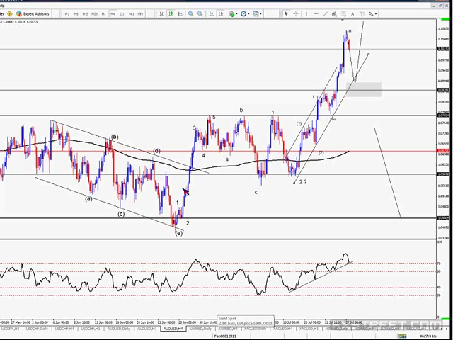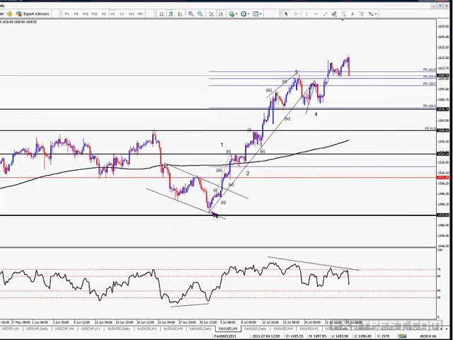Gold. Okay, so let's look at gold. Extended divergence in the 4-hour chart. The market here, to me, 1, 2, 3, 4, and then 1, 2, 3, 4, 5 to complete 5. So, where's Uday? Okay, he's not here right now, but yes, a student of mine picked it up.